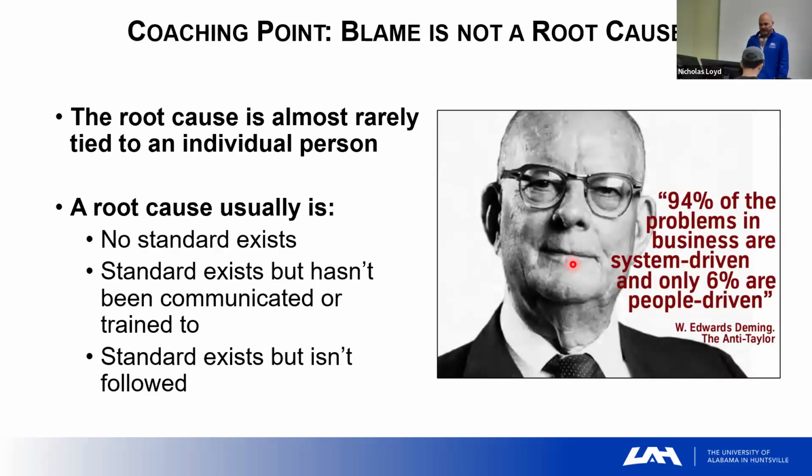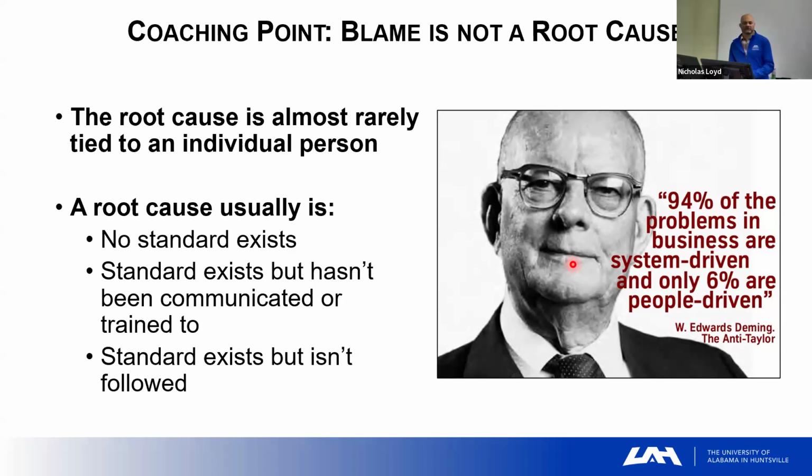Our friend Edwards Deming, who we discussed in EM 660, said 94% of the problems are system driven and only 6% might be people driven, so focus on improving the system. Usually the root cause exists.